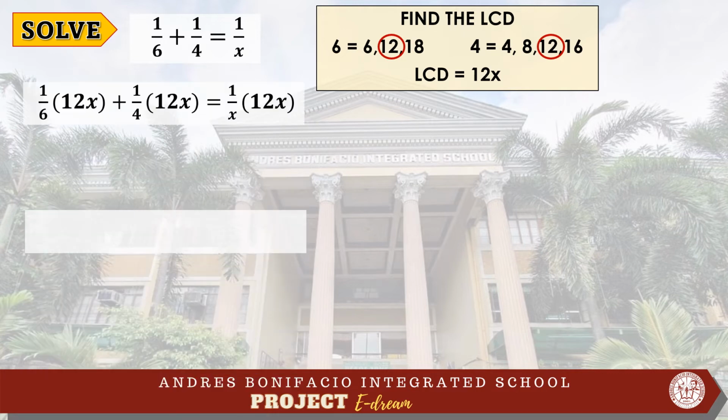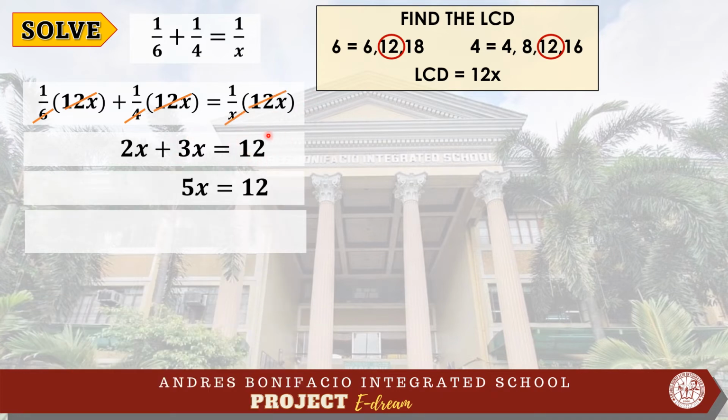So it becomes 1/6 times 12x is 2x. 1/4 times 12x is 3x. 1/x times 12x is 12. Simplify this. 2x plus 3x is 5x is equal to 12.